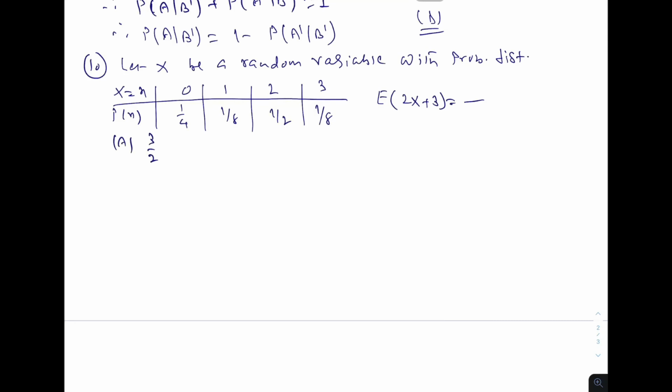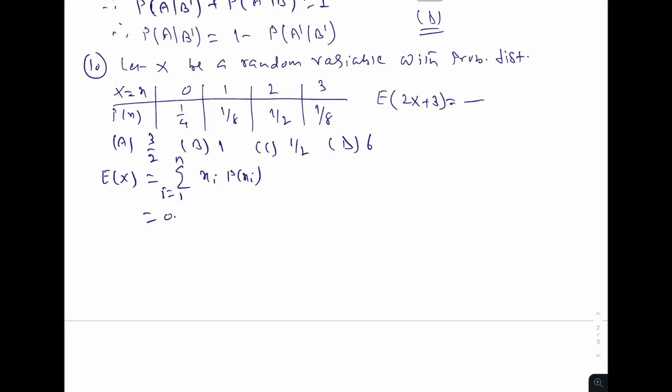Options are 3 by 2, 1, 1 by 2, 6. Now we know E of x, the formula is sigma xi pxi. So now here we have to just multiply these pairs and then add.